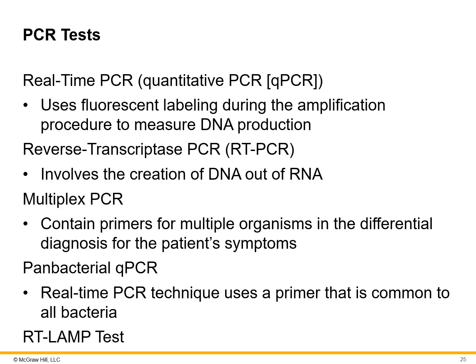So there are a few different types of PCR. Real-time PCR, this uses fluorescent labeling during the amplification process to measure the production. Reverse transcriptase PCR, this involves the creation of DNA from RNA. So again, typically DNA is used to make RNA, but reverse transcriptase is if we have RNA that's present, it can actually be used to go back and make the DNA out of it that then could be tested.